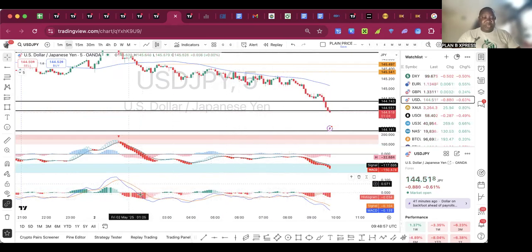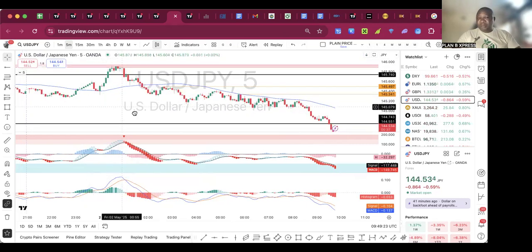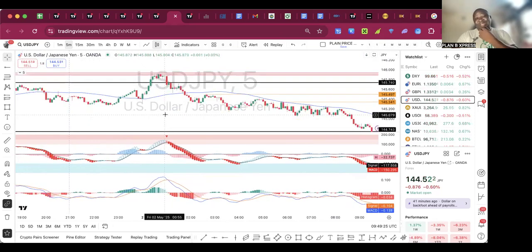The market has already crossed the zero line, the MACD line, and look at your moving average. Anything below your 50 moving average, you want to be looking for a sell instead of buying. And that's exactly what we're doing here: a pullback, more sell, a pullback, more sell. And that's why I said there are so many moving averages, but are they all necessary?